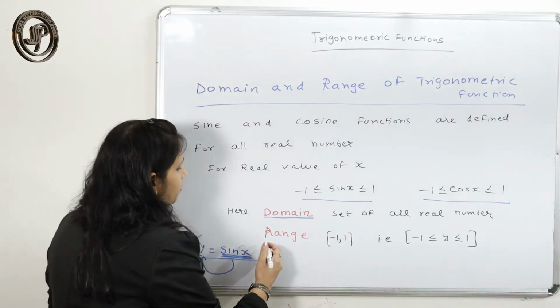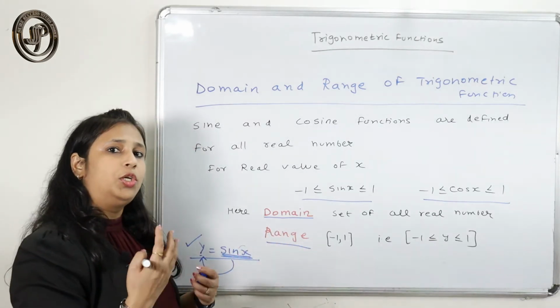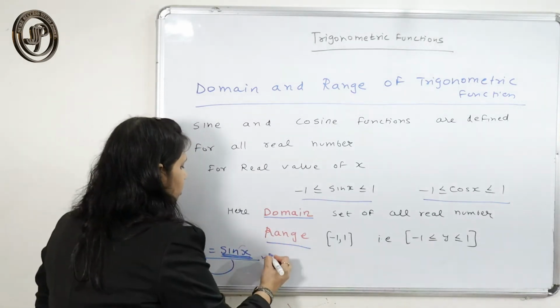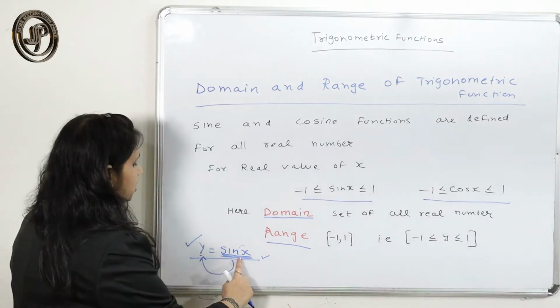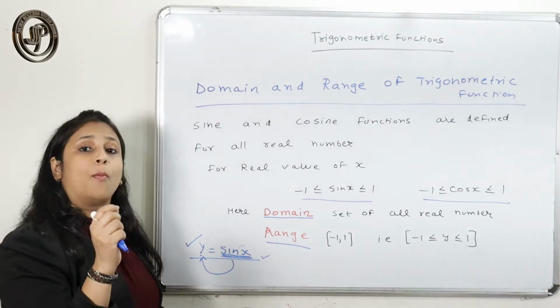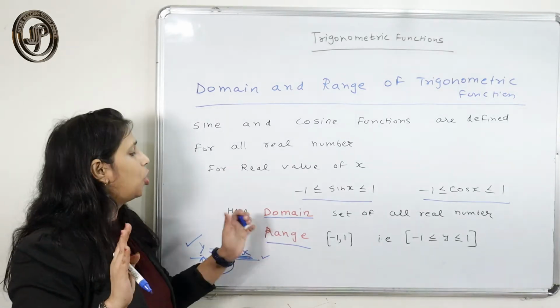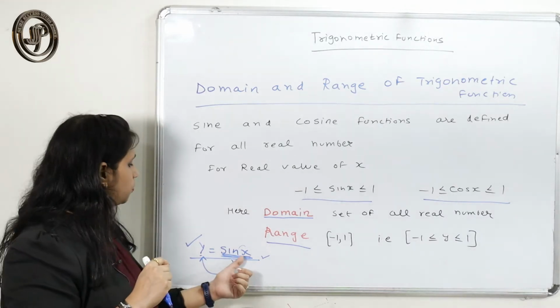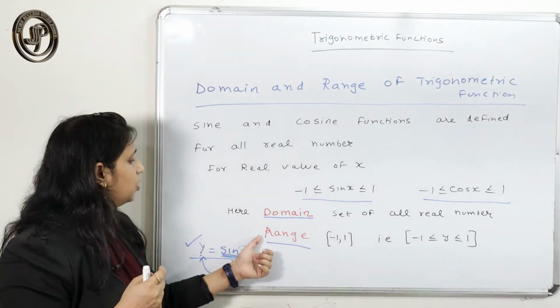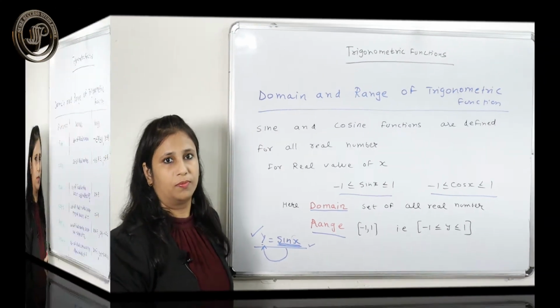So simply by the meaning of domain and range, the possible values of x are your domain, and the possible corresponding values are your range.